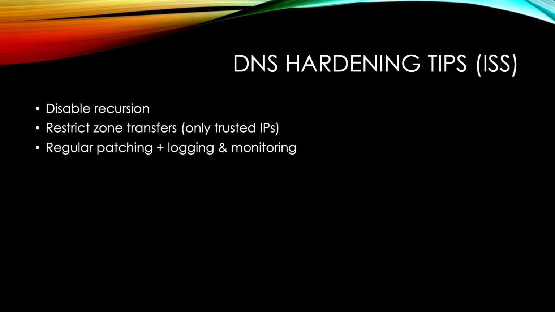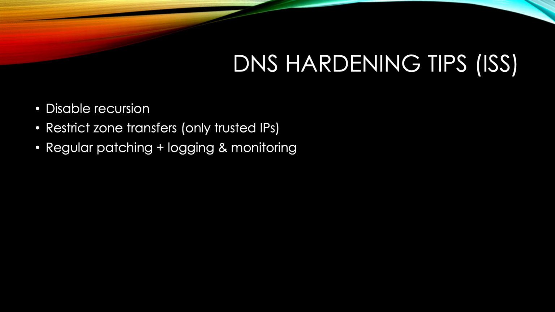First hardening tip I would recommend is disable any recursion, and this will prevent the server from acting as an open resolver, protecting it from any misuse and amplification attacks. Second would be to restrict the zone transfers.